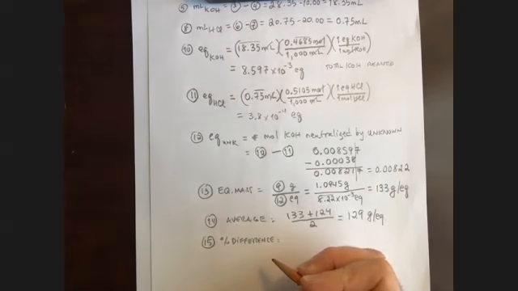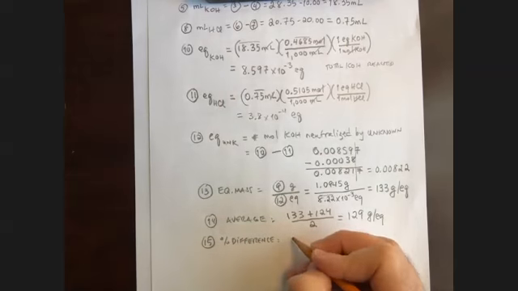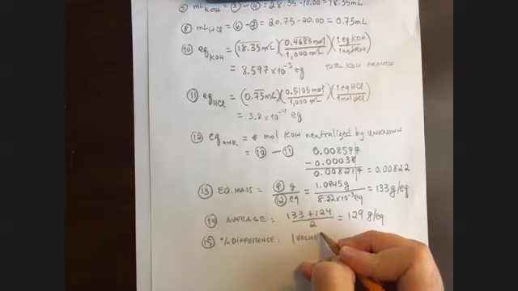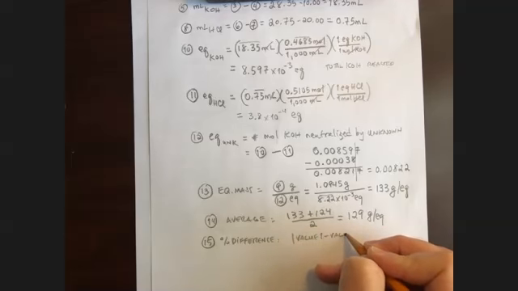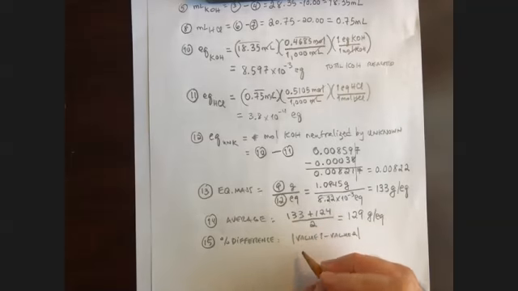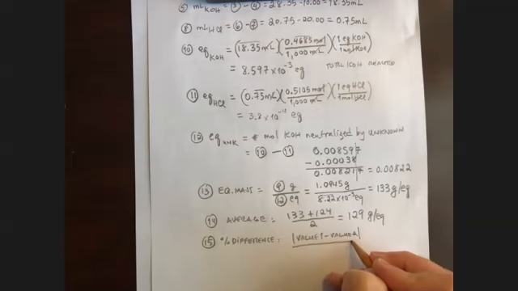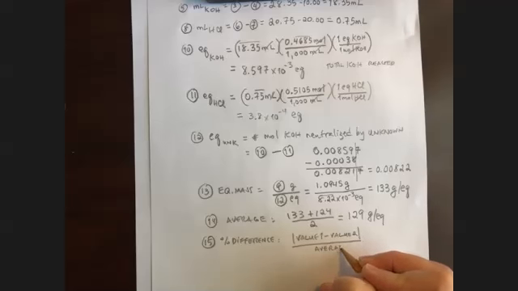So remember that the way you calculate that is you take the difference between the values. So value 1 minus value 2, absolute value of that, we're not concerned with whether it's above or below the average, divided by the average times 100%.